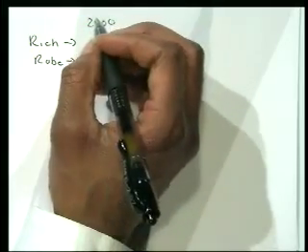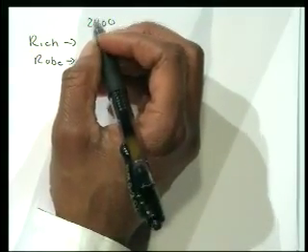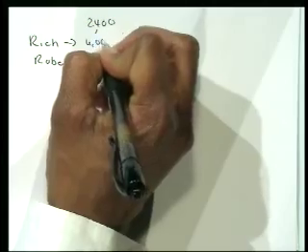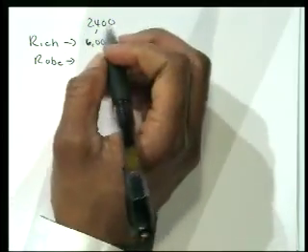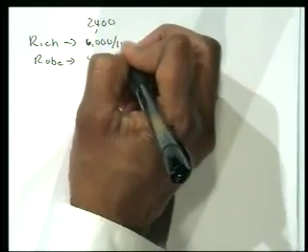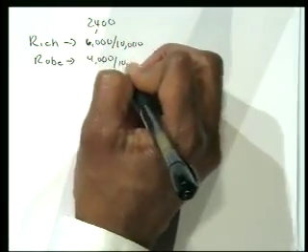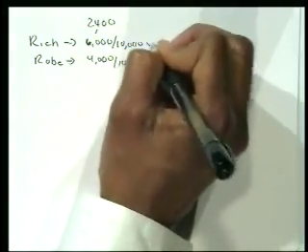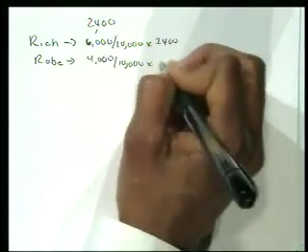And so what we want to do is, Richard had $6,000, and Roberta had $4,000. Okay, the total is $10,000, and we want to multiply that times the tax.